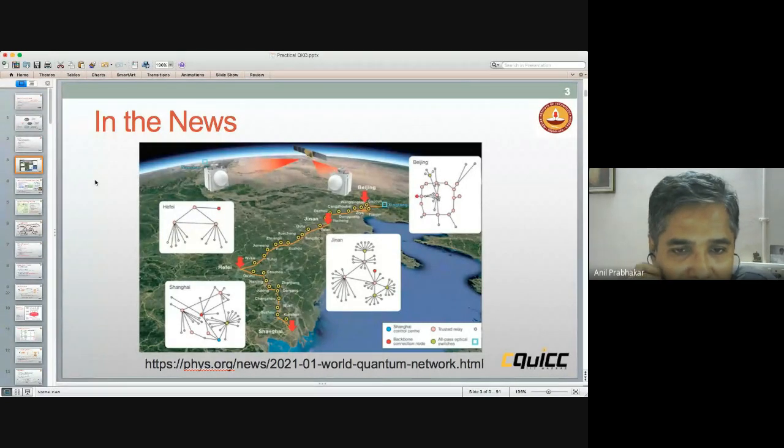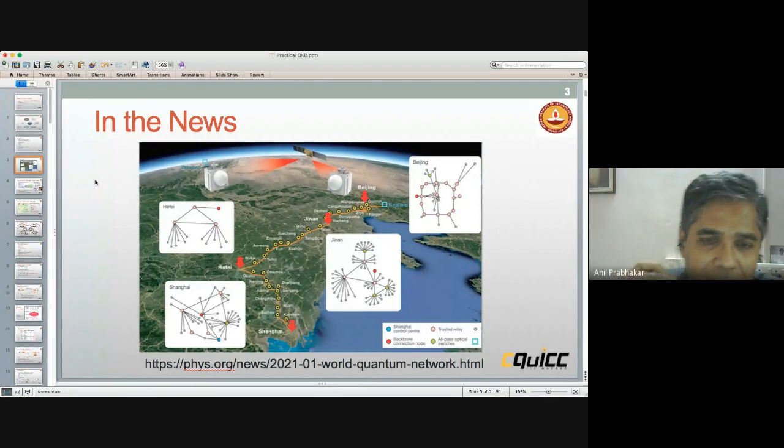Here we have a picture from January 2021 of the network that was set up by China between the two cities of Shanghai and Beijing. And in the middle, there are two other cities, Hefei and Jinan. This is a secure node network. The yellow circles with black dots are secure nodes.